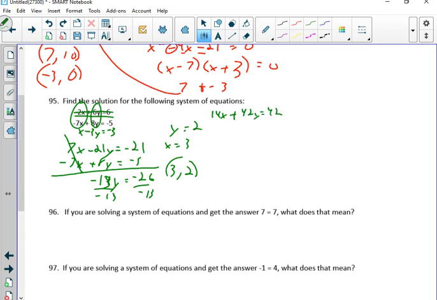I multiply the bottom one by 2, negative 14x plus 16y equals negative 10. When I do this, I'm making too many mistakes here.